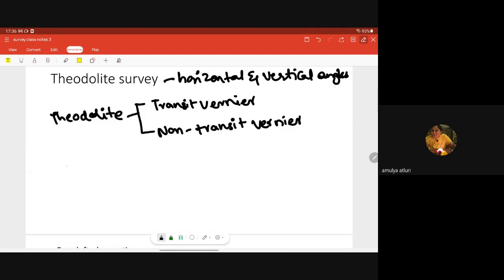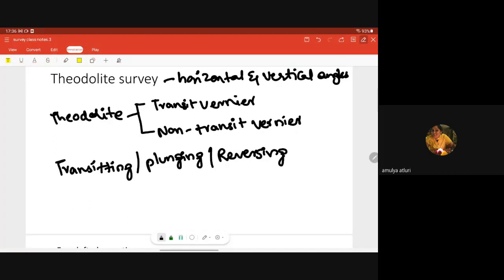Next, what is transiting or plunging or reversing?